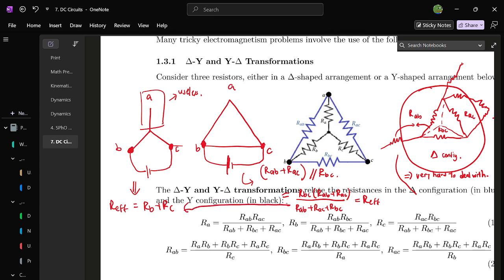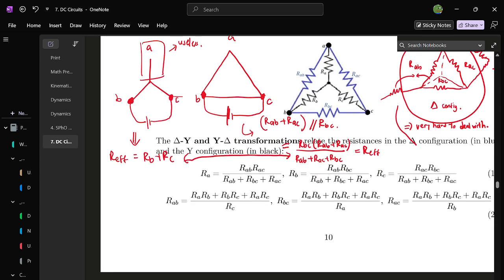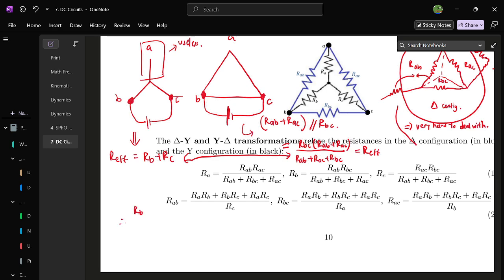Now the key is that you assert that these two configurations are equal, so their effective resistance must be equal. So you can now write RBC times (RAB plus RAC) over (RAB plus RAC plus RBC) equals RB plus RC. So you have one equation here.